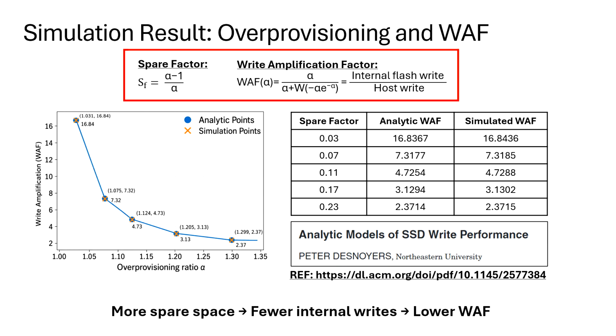This is one of the examples I ran before doing the in-place update simulation, because I wanted to see whether my SSD simulation is working correctly or not. More spare space means fewer internal writes are required, which means lower write amplification factors. And here is the reference. We can download all of these to do this simulation.